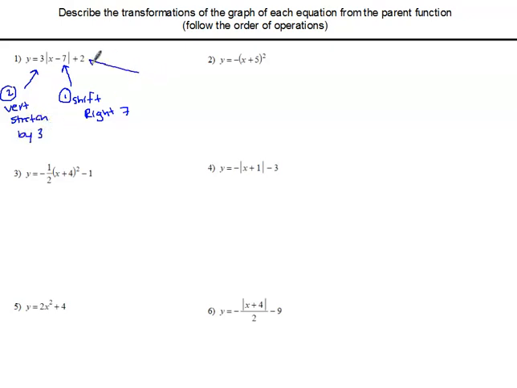And then the last thing that I do, third, is I move everything up. That is a vertical shift up 2. Number 2, working inside out, I see a plus 5, means I'm going to shift everything to the left 5. That's the first transformation. And then I deal with my negative, so the second thing that I do is a vertical reflection.